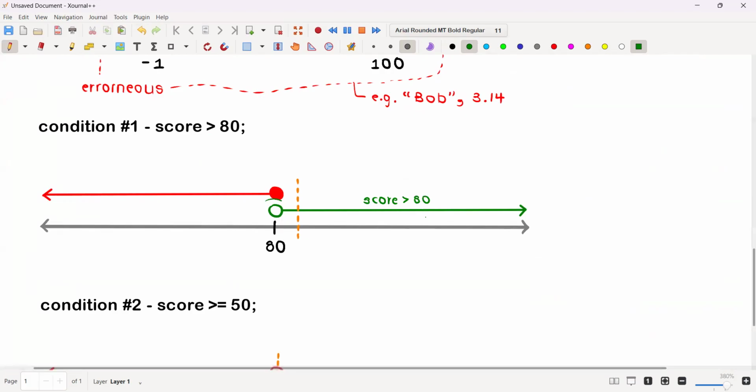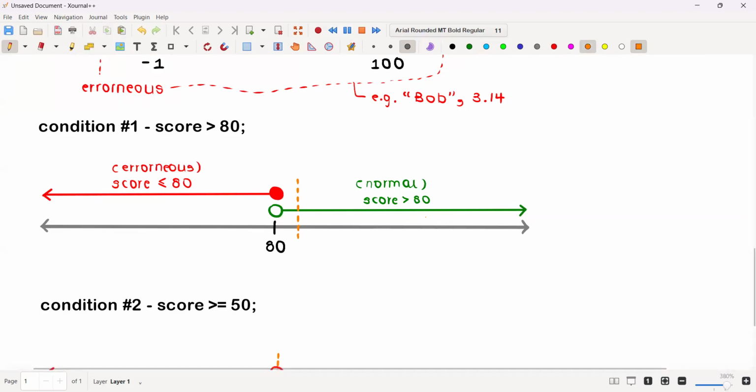That's why I have drawn a blank circle here. This is the normal inequality notation in mathematics. If the score is above 80 but not inclusive, this is considered normal data for this particular boundary. But any value that's less than or equal to 80 is erroneous.